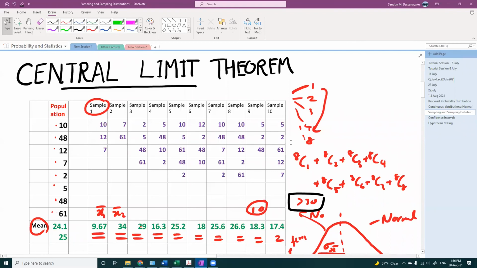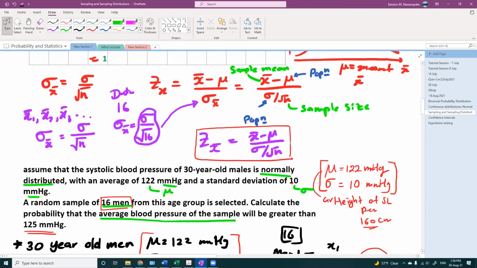So if you have a sample mean, you have a sample number. So the standard deviation of the sample mean distribution is given by sigma divided by root n. So the standard normal conversion is given by sample mean minus the population mean divided by sigma over root n. So when you do this calculation, you are converting the value to a standard normal distribution.